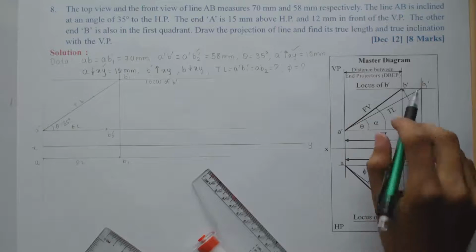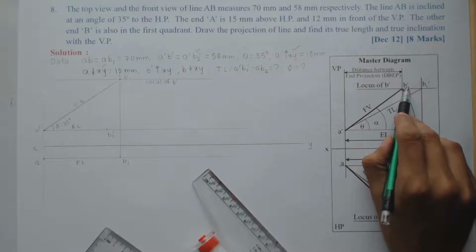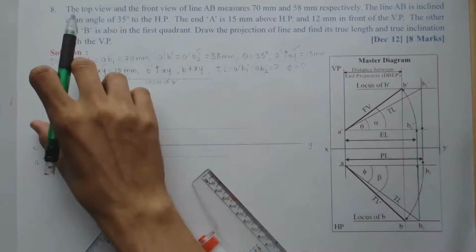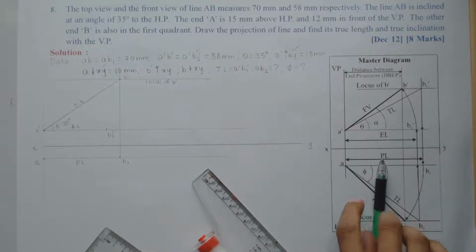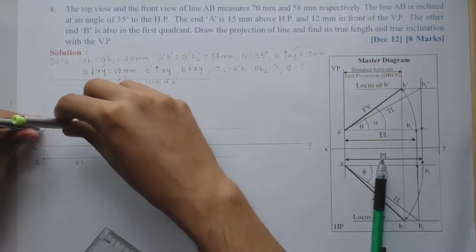Now as we know, on the locus of B dash, we are going to get the final front view of point B, which is B dash. So simply I can take the front view length and cut an arc on the locus of B dash. So the front view length is given as 58 mm, which we have already marked in elevation length.